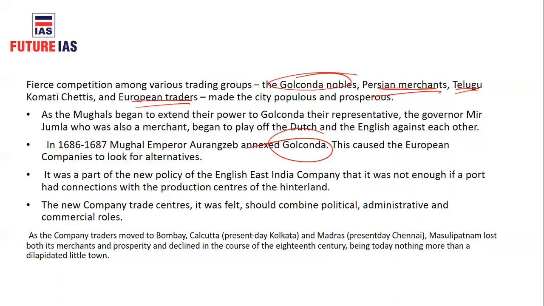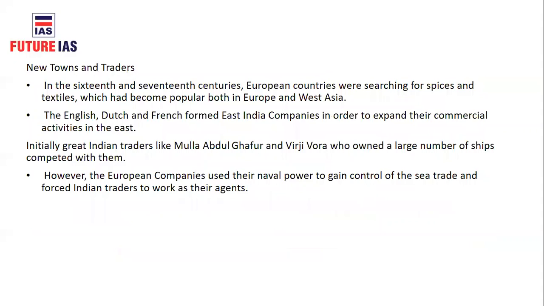And this led to the development of a new policy, right, which held that it is not enough if the port has connections with the production centers of the hinterland. So it was felt that these new company trade centers should combine political, administrative, and commercial roles, which would give greater impetus to the performance of trade in these regions.